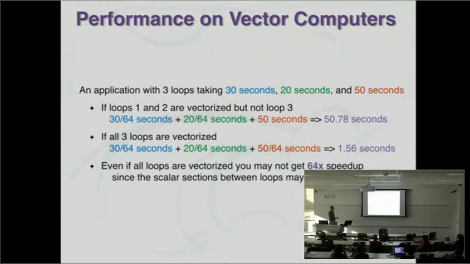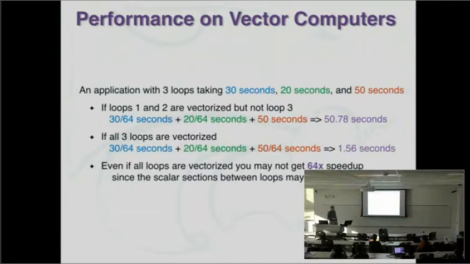That means the time taken for the first loop is going to be 30 seconds divided by 64. So we get a 64 times speed up. Second loop is going to be 20 divided by 64, but the third loop is still going to have that 50 seconds in it. So the total time goes from 100 seconds down to 50 seconds. Well, that's doubling the performance of your code.